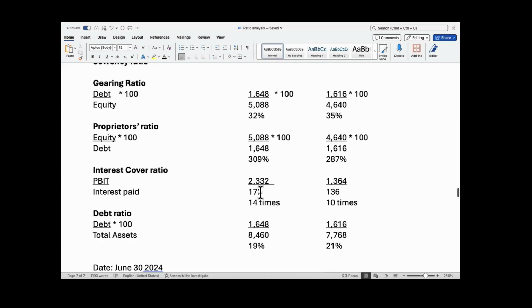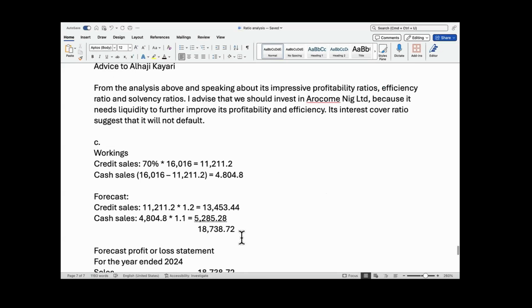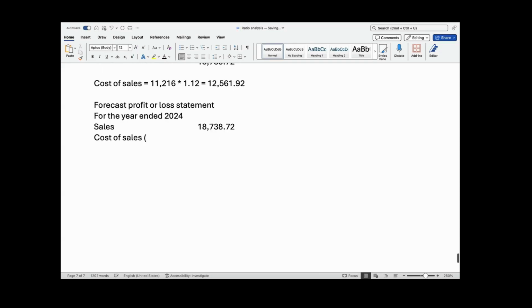So go to my workings. So cost of sales is 11,216 times 1.12. That's 12,561.92.